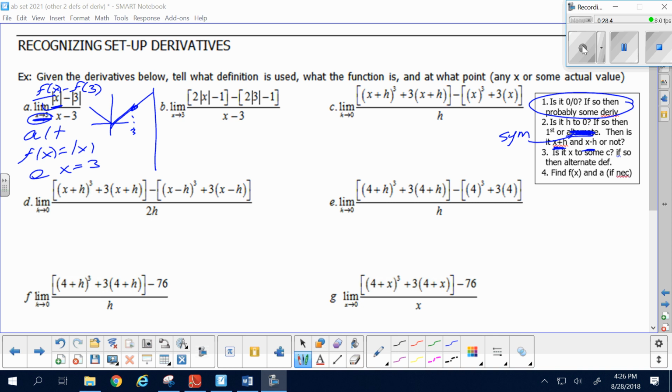So again, x is approaching 3, so again, alternate definition. It's not an h like over here. Alternate definition if x approaches a number. In this case, the function f of x must be 2 absolute value of x minus 1. And again, I can tell what number by looking here. It must be at x equals 3.